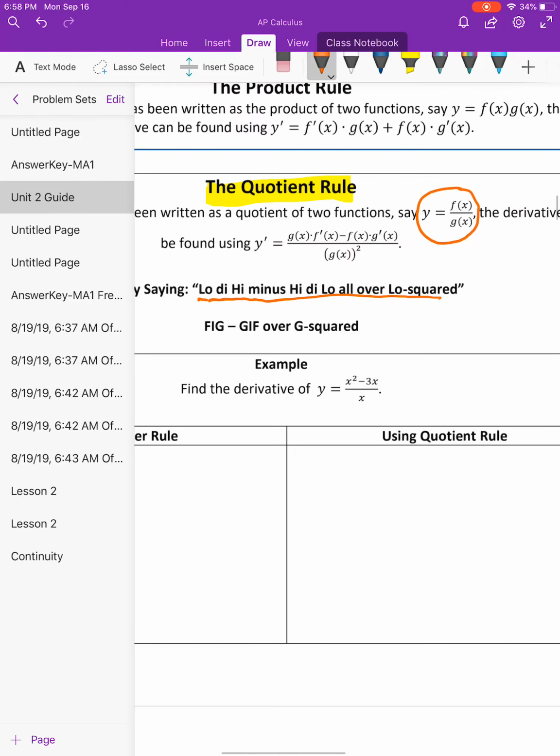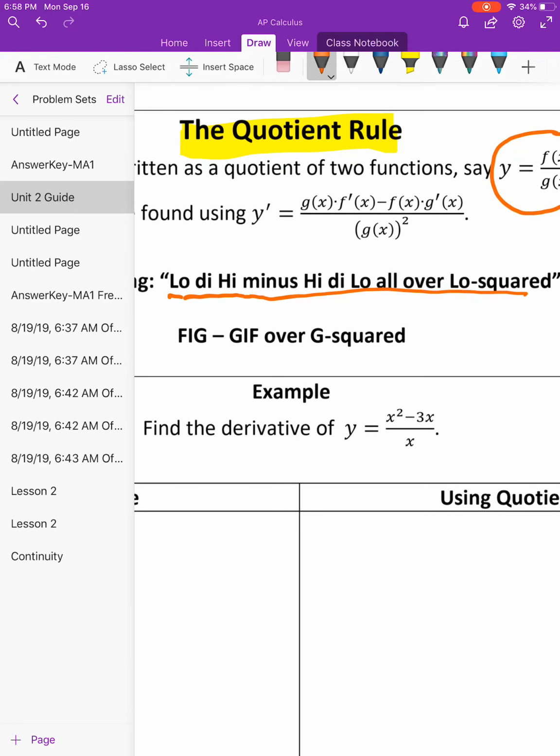So the first thing you should always do when you have to take the derivative of something in fraction form is think, okay, I have an x squared minus 3x on top. This is your high. This is your low.